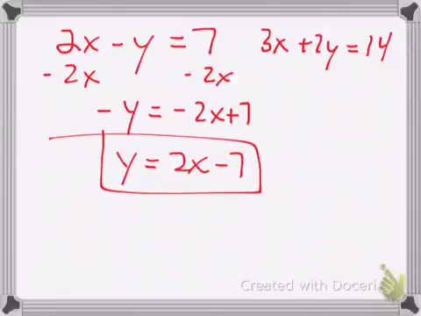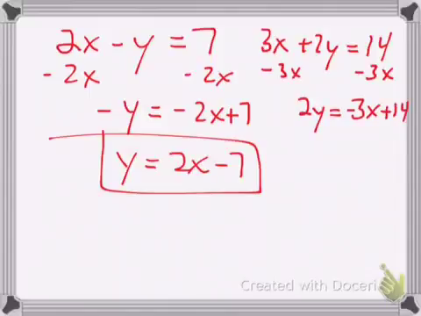Okay? If you have your graphing calculator, go ahead and open it up and get ready for this. To solve this one, we would subtract 3x from both sides. And that will give us 2y equals negative 3x plus 14. Then we divide everything by 2.